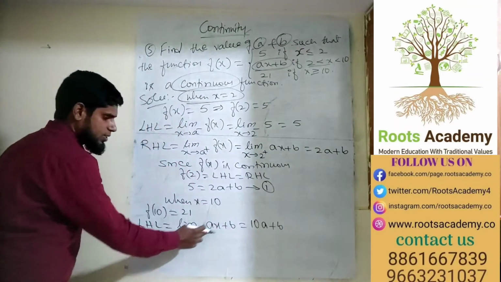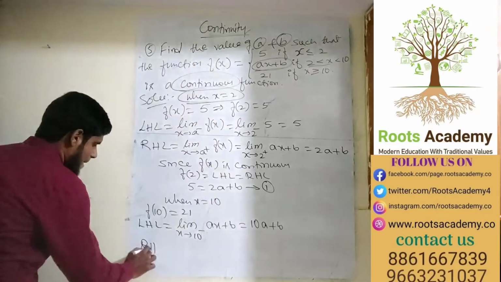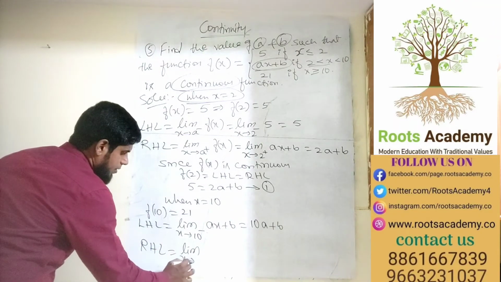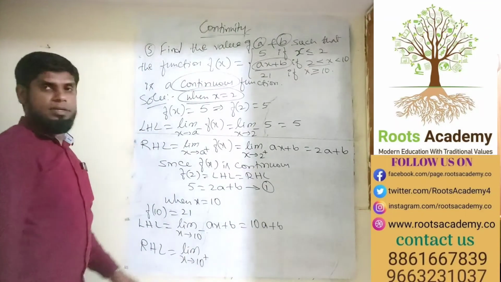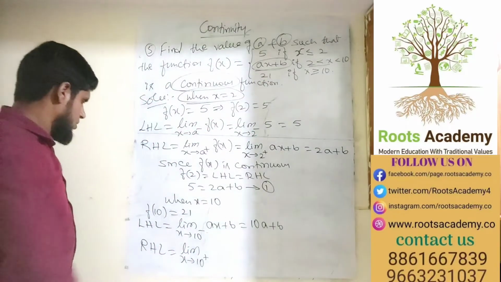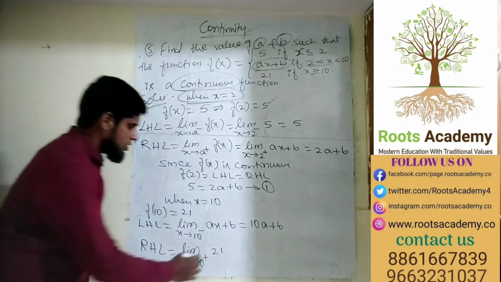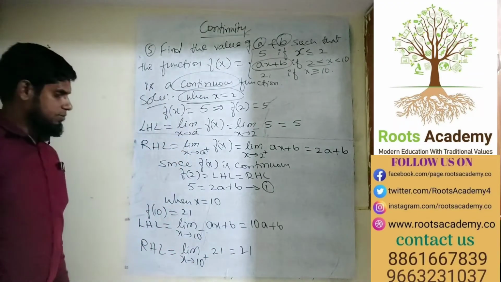The value of x is 10 here. Next, right hand limit. This is equal to limit x tends to 10 power plus. For right hand limit, the function is 21. Since it is a constant function, whatever the limit is, the answer is 21 only.